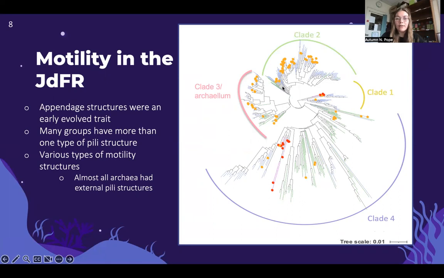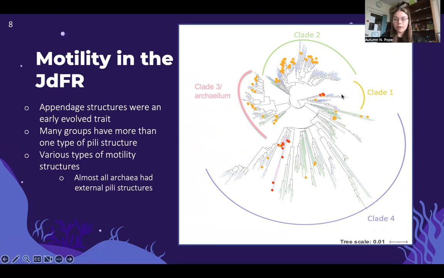I made this tree by incorporating some base tree from a paper I read that was talking about different appendage structures that microbes use for motility or biofilm production. So I added my sequences into their data, and this is the tree that I got. These red dots are a Hydrothermarchaeota species that Dr. Carr was interested in.